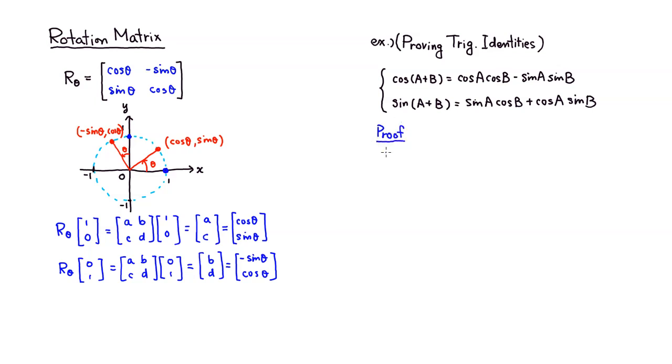If you look at the rotation matrix by angle A plus B, we know exactly what this looks like. The angle is A plus B, so you have cosine of A plus B, sine of A plus B, negative sine of A plus B, cosine of A plus B. This is one way to look at it. You rotate by angle A plus B.